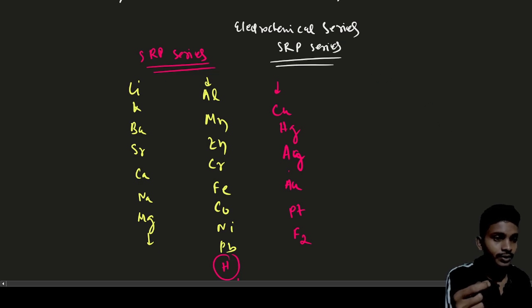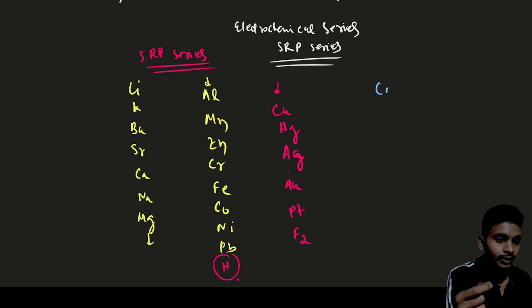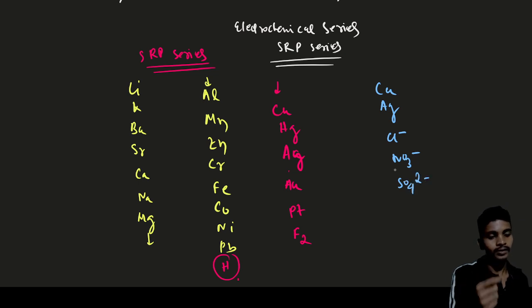And another series is for ions. Let's say copper, Hg and Cl minus, NO3 minus, SO2 minus. This series you have to remember.